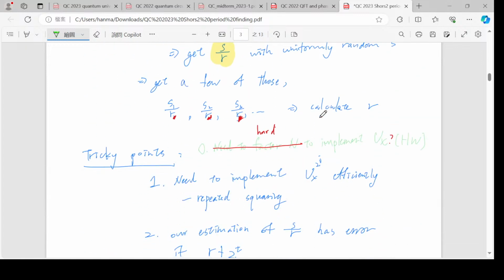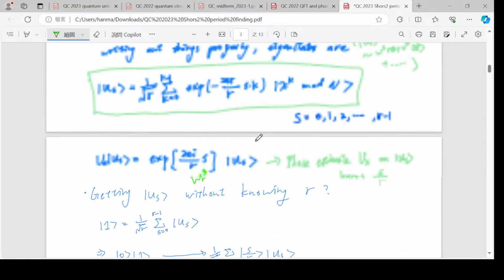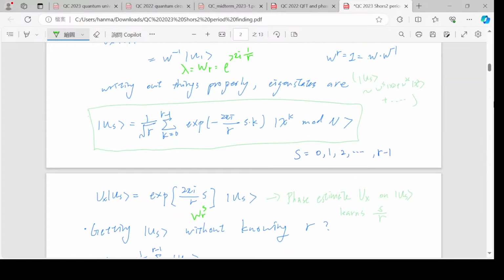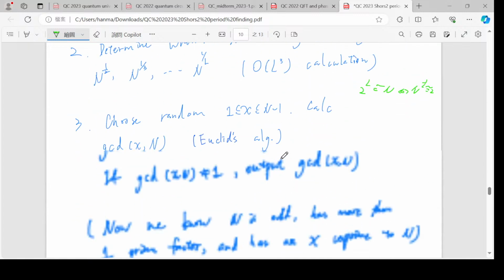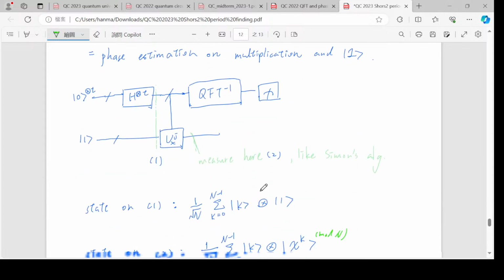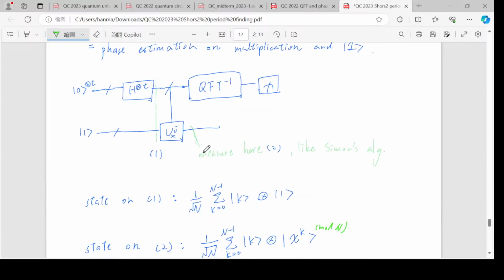This is equivalent to measuring the second register in the eigenbasis of Ux. But here we do a different analysis. We say, what happens if we just measure the second register in the standard basis? If you measure this in the standard basis, then you will get a bit of an ugly thing on the first register, but it's still something funny, and we'll see what it will do.